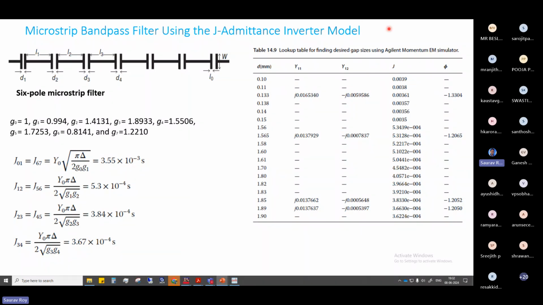So in this book they have taken several different gaps and did circuit simulation as well as 3D EM simulation in ADS, and they have provided a lookup table. This lookup table is the same as what you get for your Butterworth or Chebyshev filter lumped element components, G1, G2 values. They have provided similar tables, which actually made our task easier. So you can look into this.